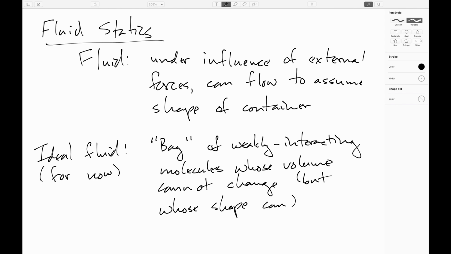Another example of a fluid would be a plasma, for instance, the state of matter that's found in our sun. Their containers get a little tricky. You have to use things like magnetic bottles to contain them. But if you use magnetic bottles, which is just cleverly arranged magnetic fields, you can indeed get it to assume the shape of its container.